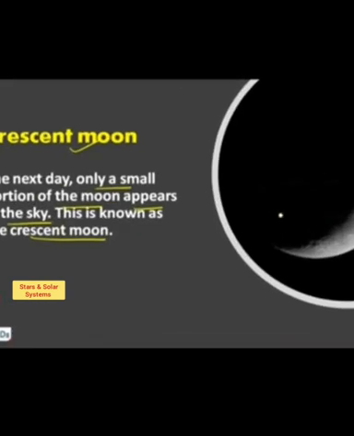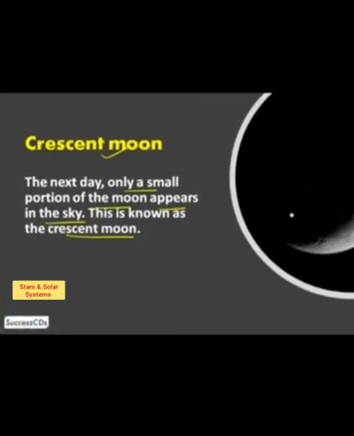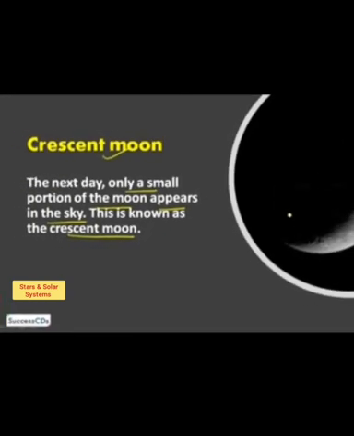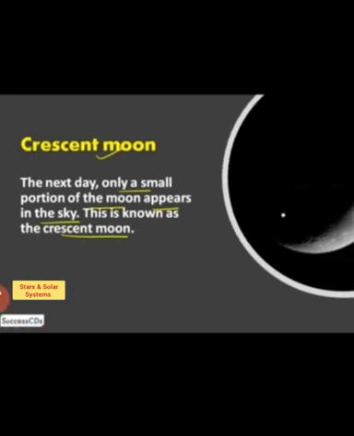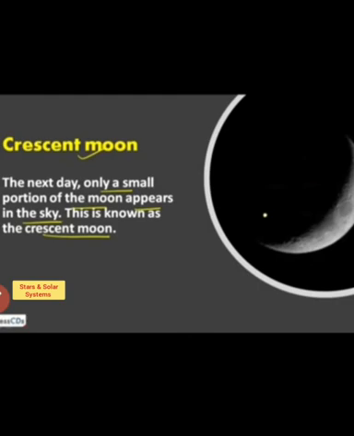this term is important. What do we call this term? Crescent moon. A moon with this type of shape is said to be crescent. Right now you have studied about full moon and new moon. Full moon is the whole complete moon. New moon is on the 15th day when the moon is not visible, and when it appears again, that is said to be new moon day.